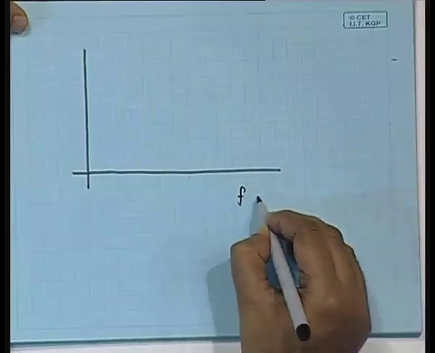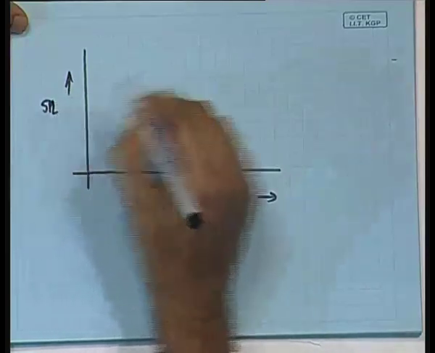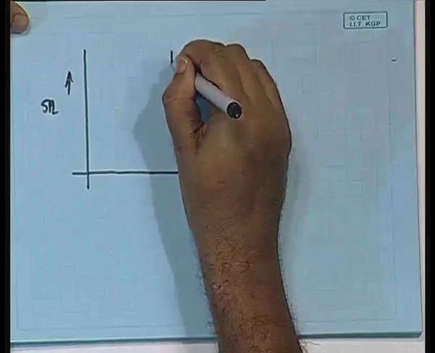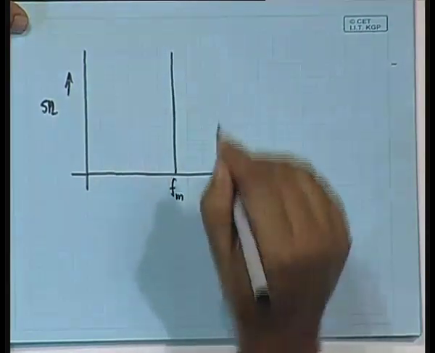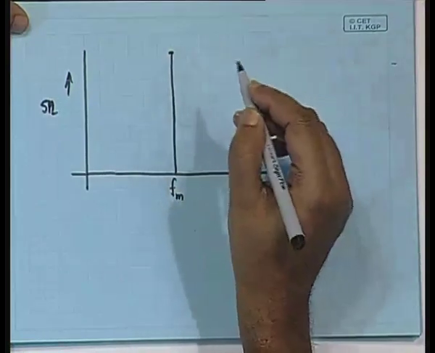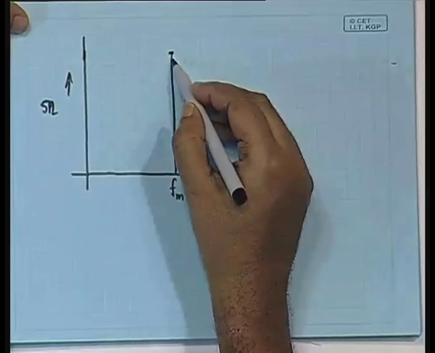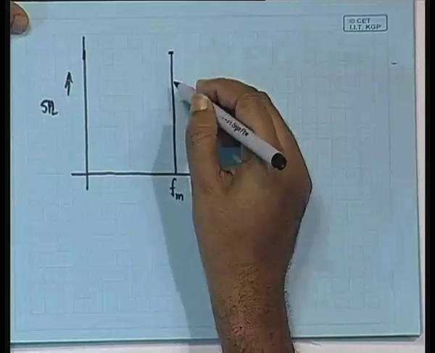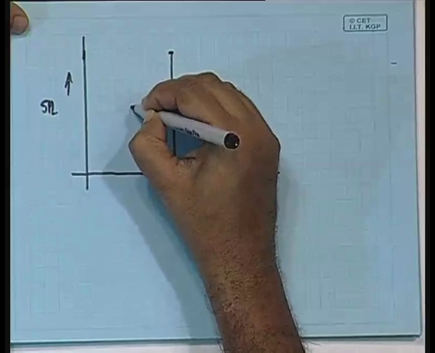Let us say that this is the frequency and this is the sound pressure level as before, only we are just redrawing the diagram. Supposing the masking is happening at a particular frequency Fm, and supposing this is the intensity of the masker signal. The masker has this much intensity, then the masking threshold is seen to be like this.